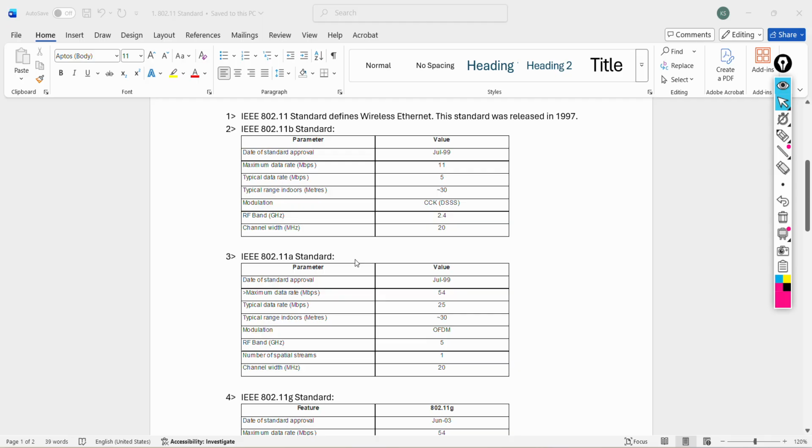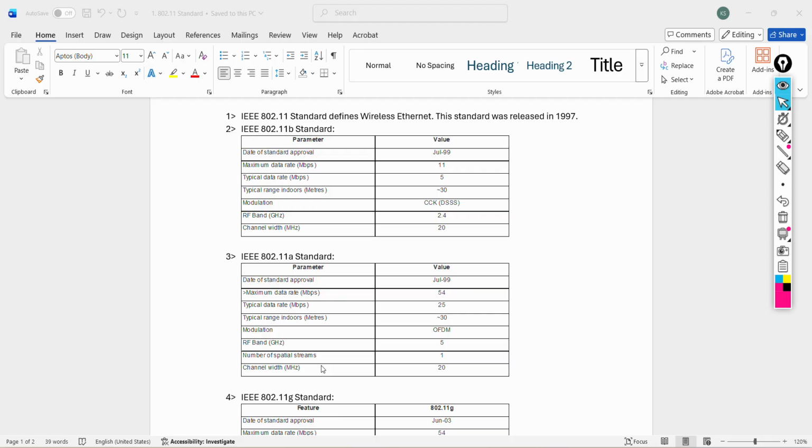After that, 802.11a was released, again in July 1999, with a typical data rate of 25 Mbps. It supports the 5 gigahertz band, and the typical indoor range is about 30 meters. The channel width it supports is 20 megahertz.